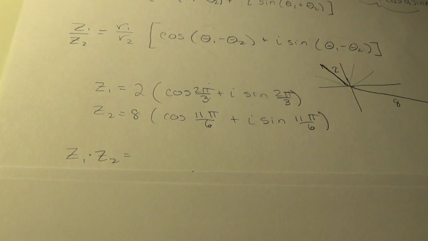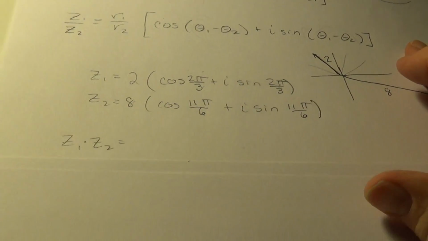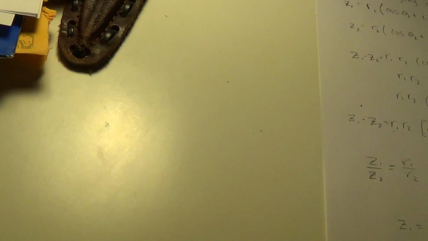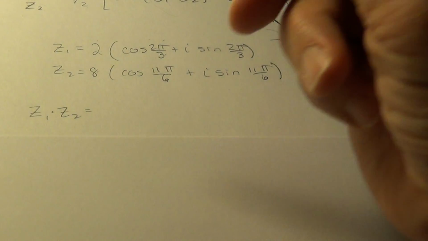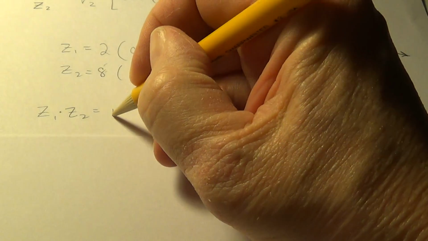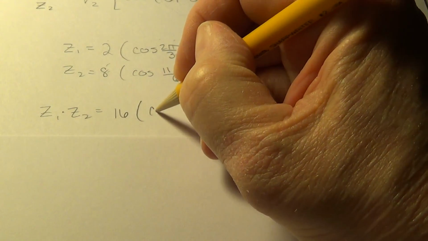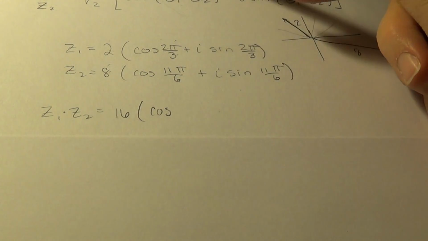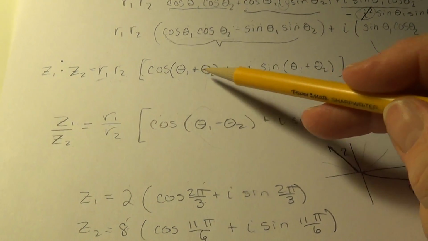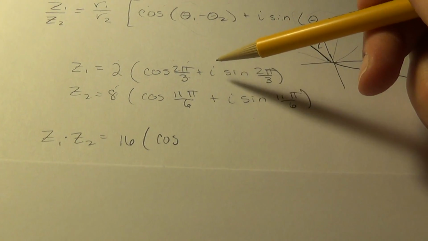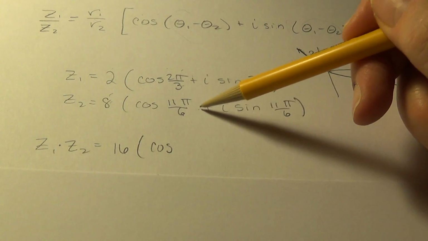All right, so we multiply the two together. Let me give myself some room to write. We multiply the two together and get 16 cosine, and according to the formula up here, I'm going to add the two angles, this angle and this angle.